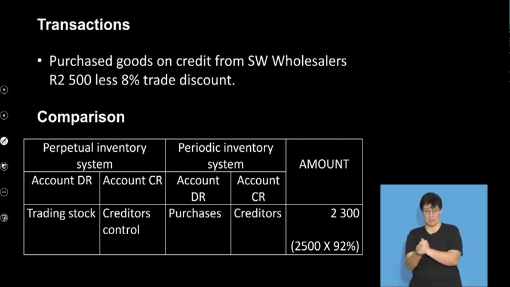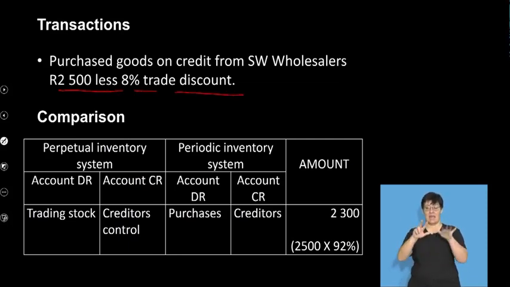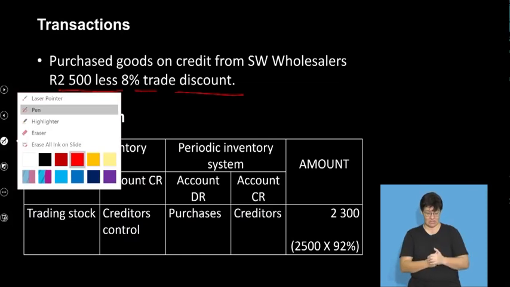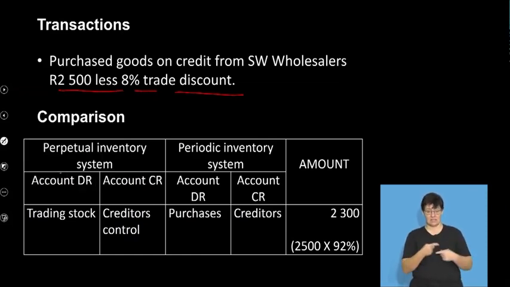First transaction: purchase goods on credit from SW Wholesalers, 2,500 less 8% trade discount. Let's start with the perpetual first. Perpetual, we know. Account debited will be trading stock. Account credited will be creditors control. Why?